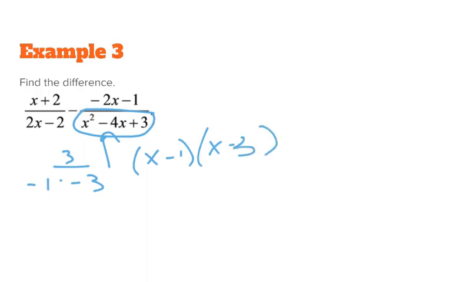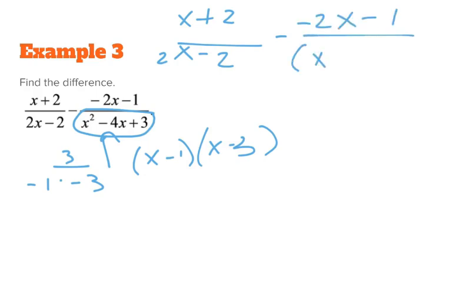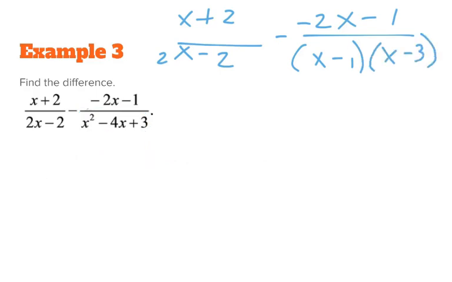So let's just write the problem as it is, exact same thing, but instead of the denominator as it is, I'm going to write the factored form that I just figured out. The other thing I could do right now, instead of doing it later, is I could just go ahead and distribute this negative to both just to take care of that now.